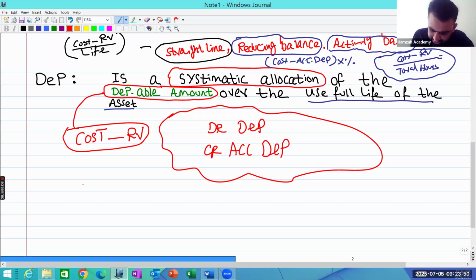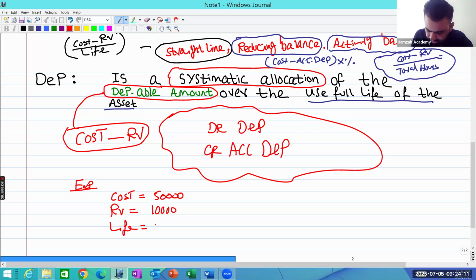Okay, now let's say we have an asset whose cost is 50,000, residual value is 10,000, life is 4 years.